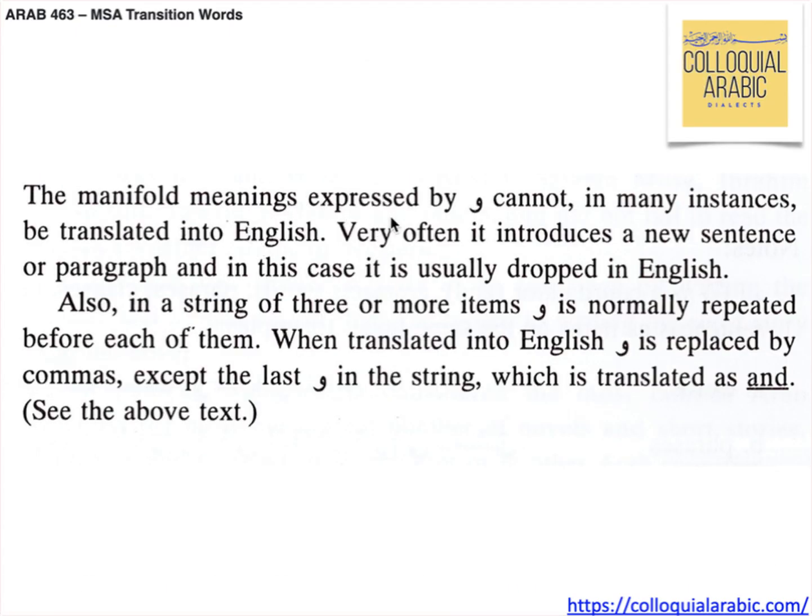The manifold meaning expressed by wow and cannot in many instances be translated into English. Very often it introduces a new sentence. That's why, again I would like to emphasize here, this inability of translation of the same wa or the and connector words in English is because of the rhetorical style only, because English follows a different rhetoric as compared to Arabic.